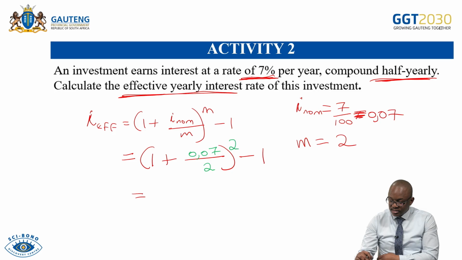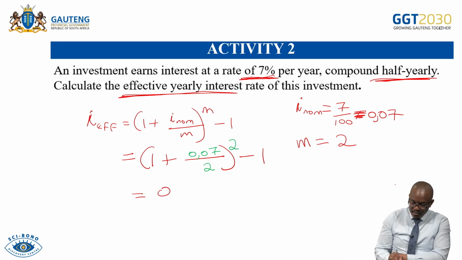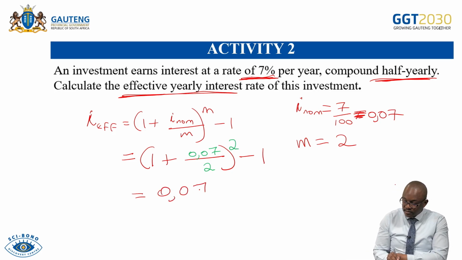So if we punch it in our calculator, we are going to have 0.071225, right? Then you multiply this by 100.